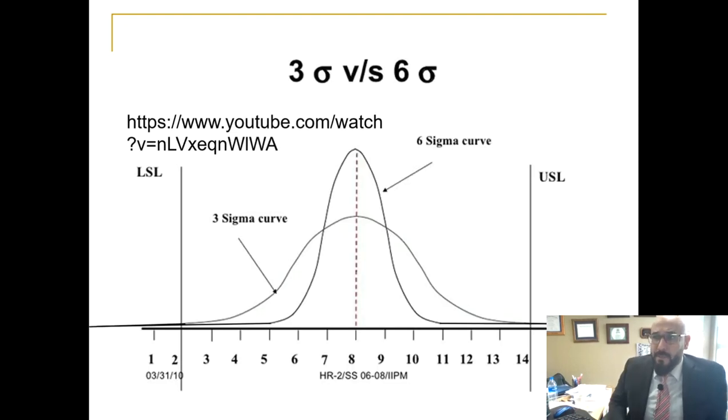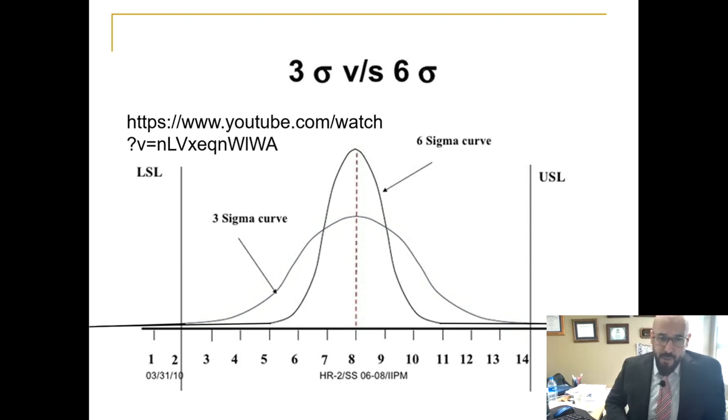Now, as I mentioned, most companies are looking to implement 6 sigma, which means reducing the number of errors to 3 defects per 1 million production. What does that mean? That means that most of the data will be located closely around the mean.